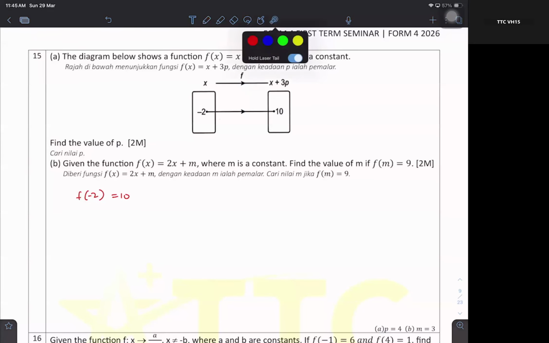So if you take the bracket sub into x, it becomes -2 plus 3p. Right hand side always copy. From here you can find the p. -2 bring over, plus 2. 12 over 3. 12 divided by 3 is 4. Understand?